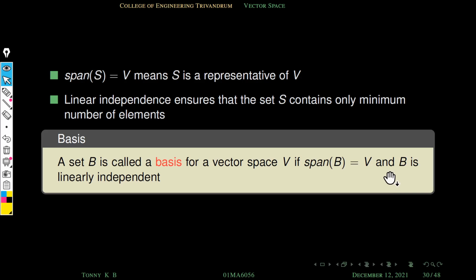That is ensured by independence, so B is linearly independent. If B satisfies these two conditions, then we can say B is a good representative of V. That is called a basis. Clear? So a basis is a spanning set of V, and it should be linearly independent.